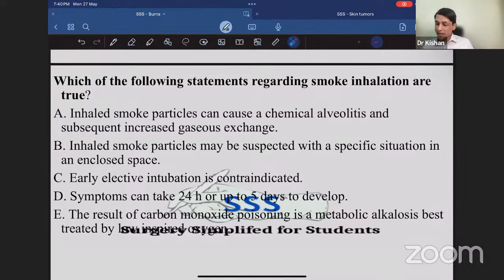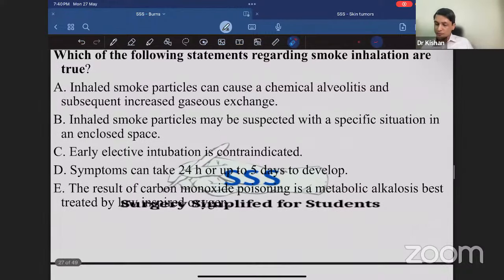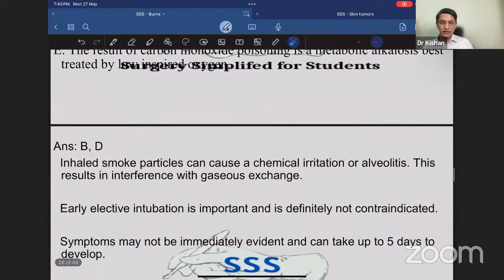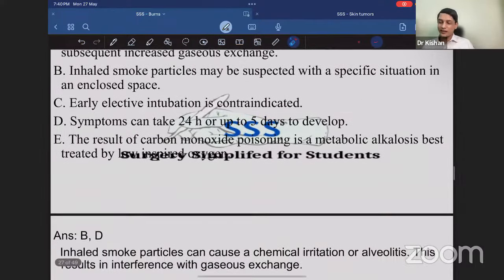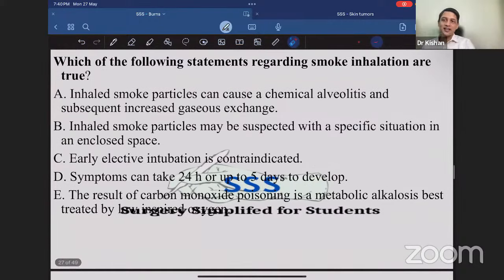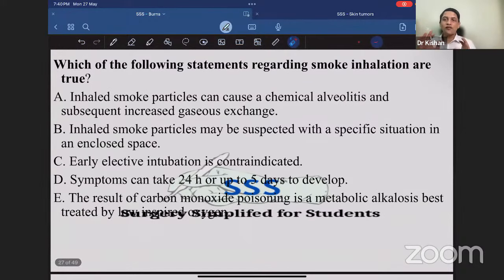Radhika also says B and D. Yes, you're all right. B and D. Okay, answer is B and D. Correct. Excellent. This question I gave particularly so that you read the complete options, because the first half will sometimes be right and the second half will be wrong. This is the best example for that.